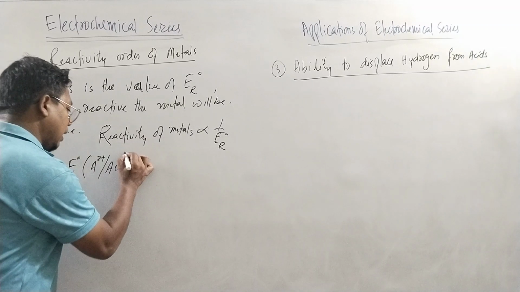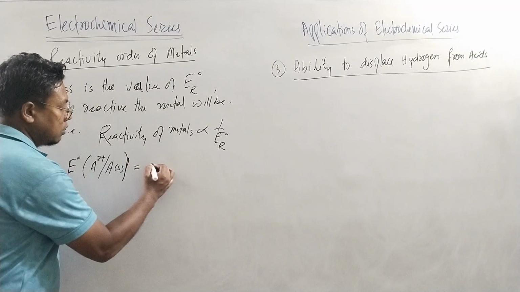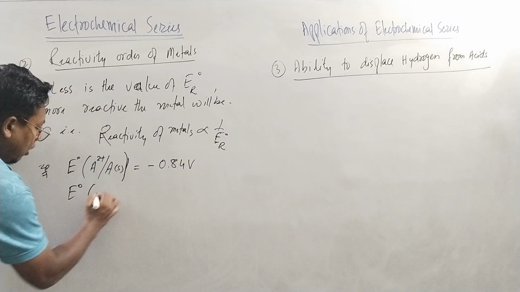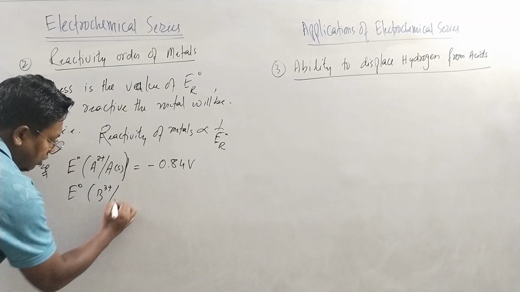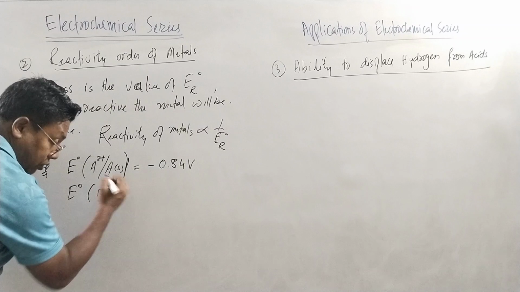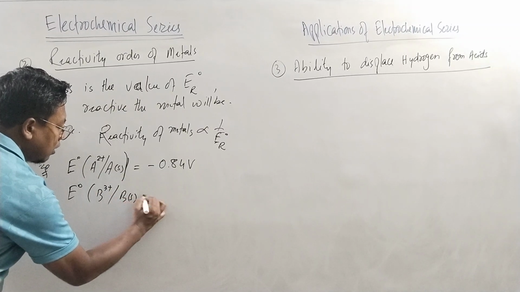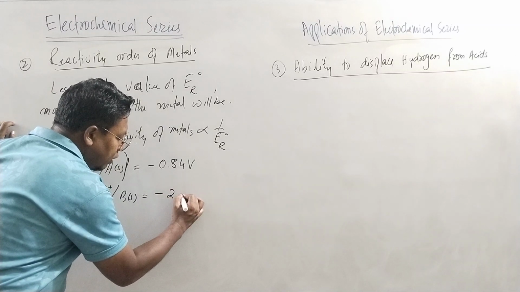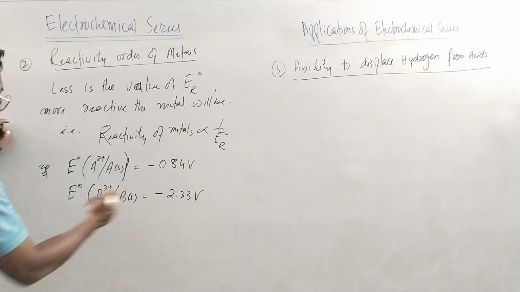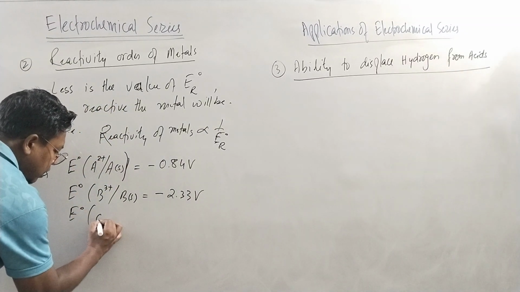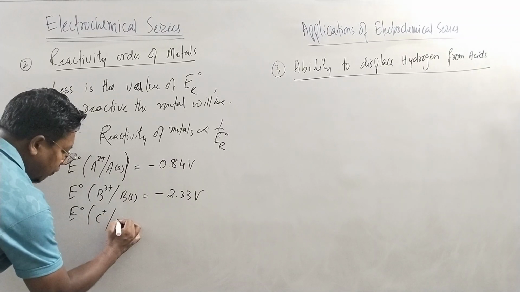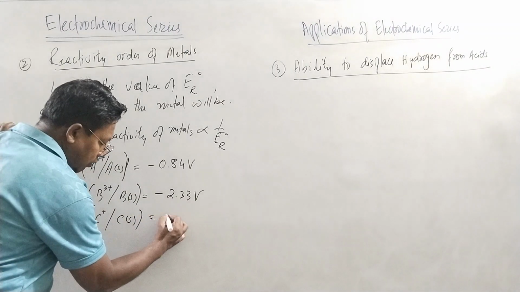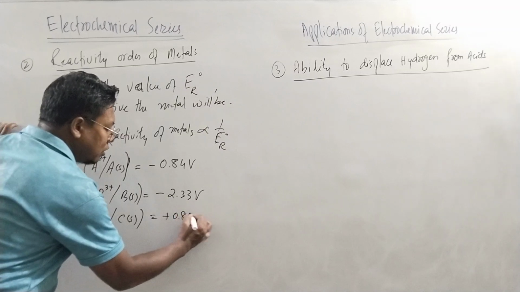And its reduction electrode potential value is suppose minus 0.84 volt, and E naught of B3+ will gain 3 electrons to form B solid, and its value is suppose minus 2.33 volts. Suppose I'm just giving this value, and another metal C+ gains one electron to form C solid, and its reduction electrode potential value is plus 0.80 volt, like this.